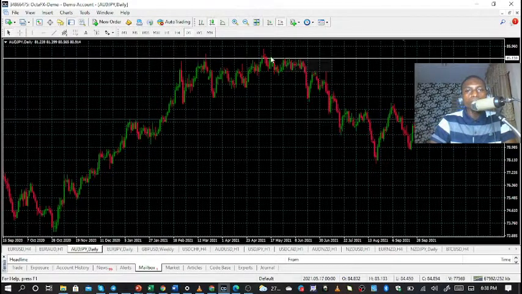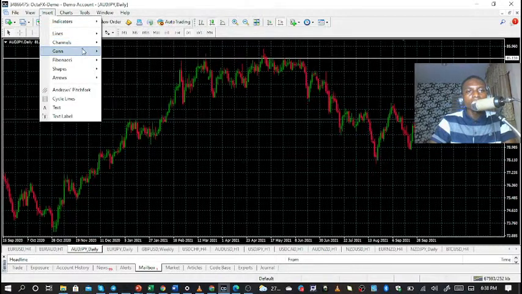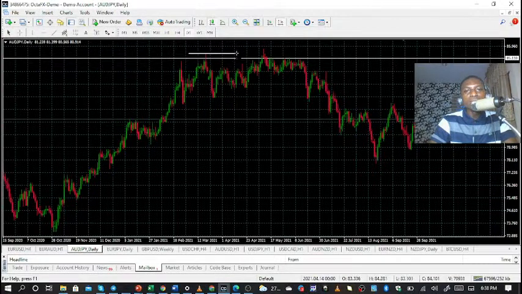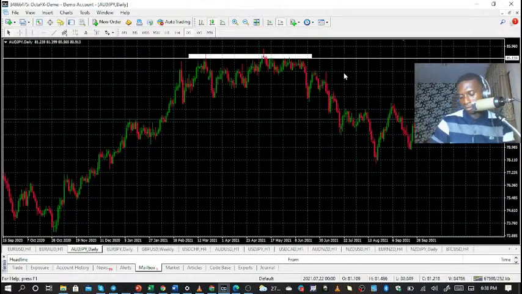Let me know in the comment section. Is this level a support or resistance level? Now let me know in the comment section, is that a support level or a resistance level?